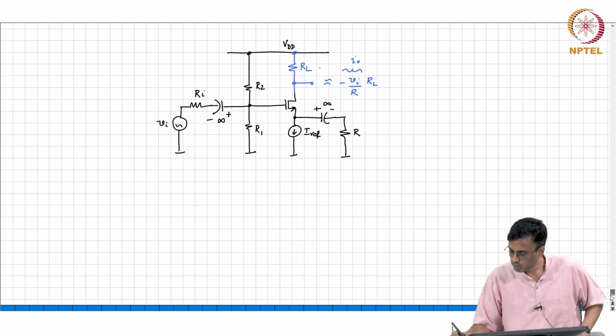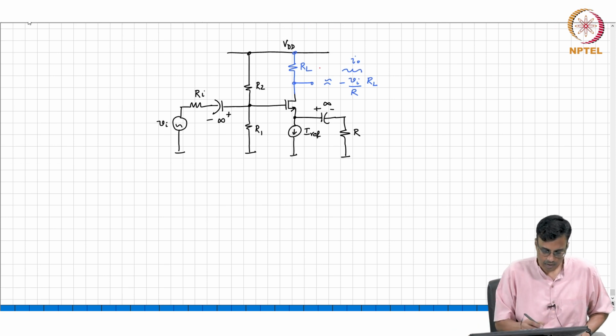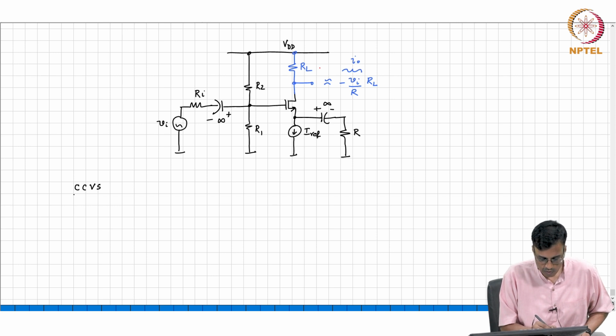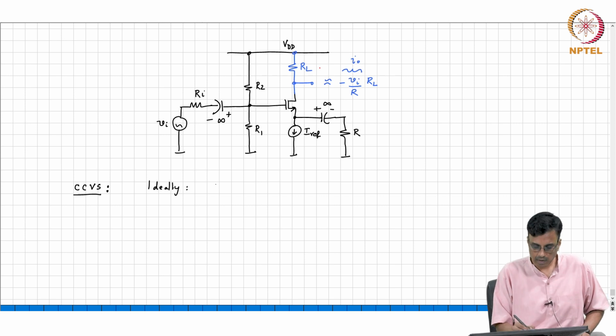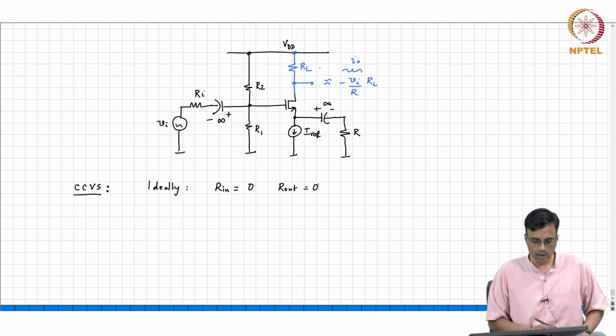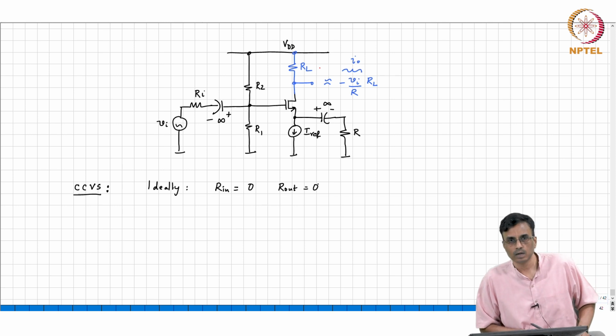Okay, so the next controlled source is the current controlled voltage source. Ideally, what are the input impedance? 0. Output resistance? 0. What is the only thing that we need to specify therefore?